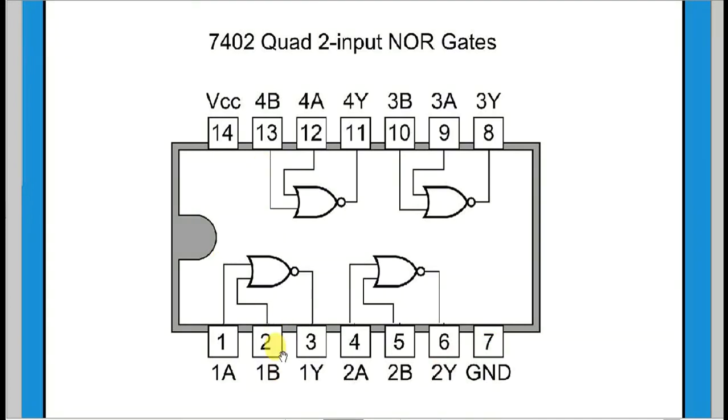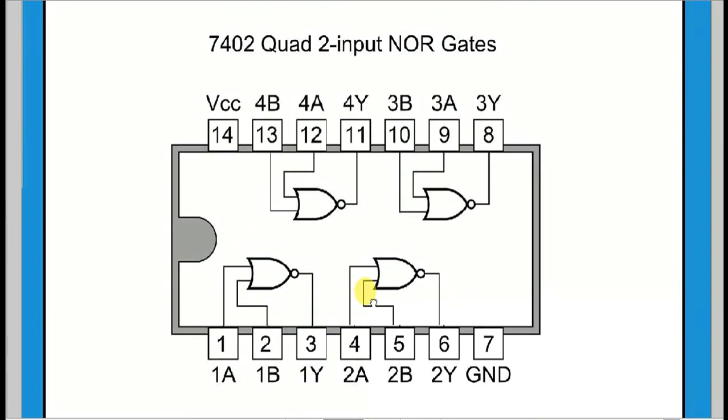The rest are inputs and outputs. This is the first NOR gate, second NOR gate, third and fourth. So it is tagged properly: 1A, 1B, 1Y, where 1Y is the output, 2A, 2B, 2Y, 3A, 3B, 3Y, 4A, 4B, 4Y, and that is the typical quad 2 input NOR gate IC.